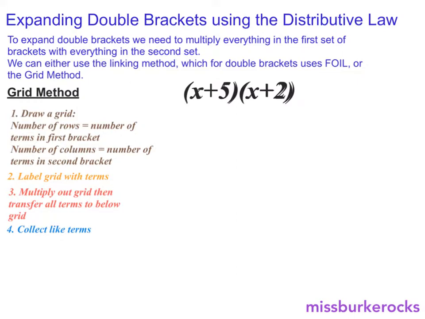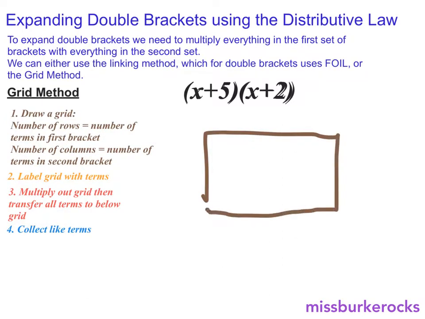So our first bracket has an x and plus 5 as its two terms. That means I'm going to have 2 rows. So there's my 2 rows. And then I'm going to have 2 columns because I have an x and a plus 2. So there's my 2 columns.